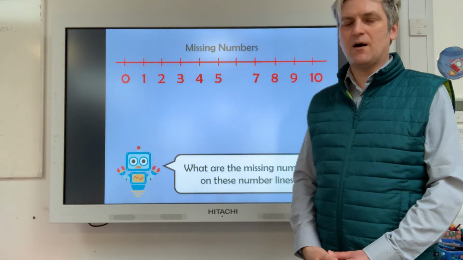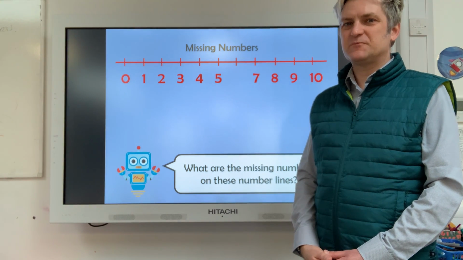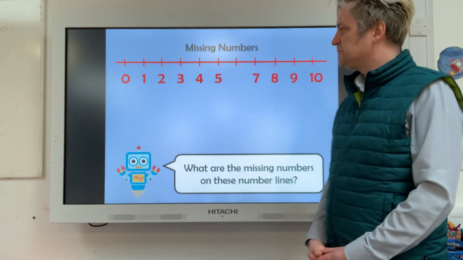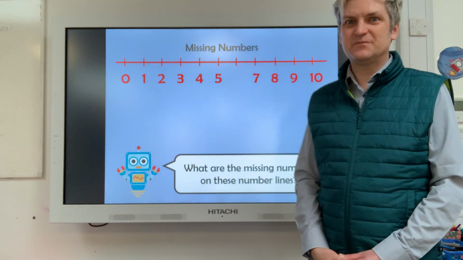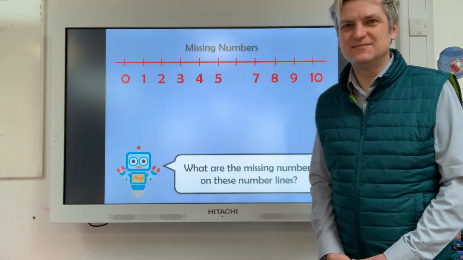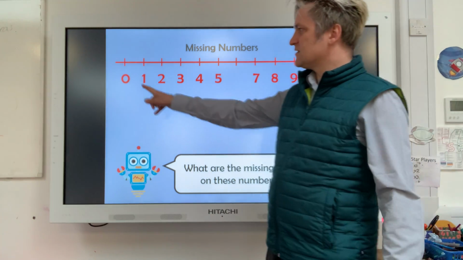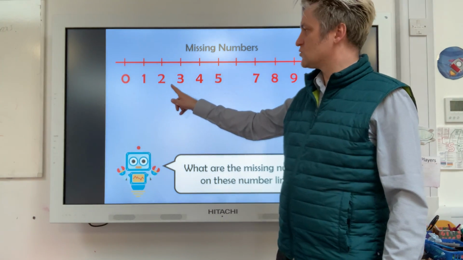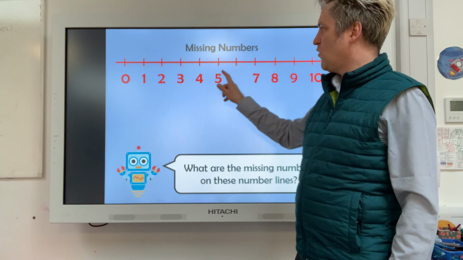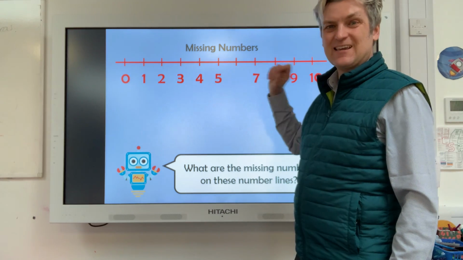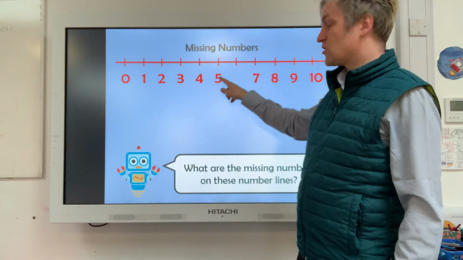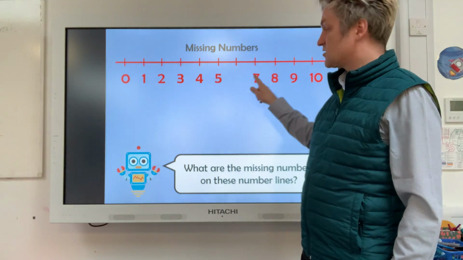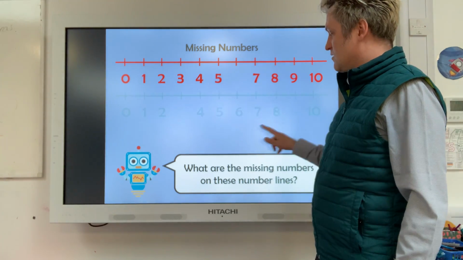What's the missing number? Shout it out when you're ready. What did you get? 0, 1, 2, 3, 4, 5, 6, isn't it? Because 6 comes after 5 and 6 comes before 7.